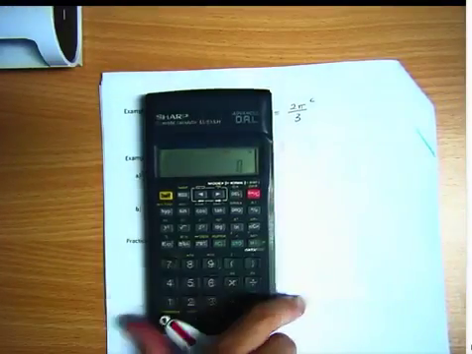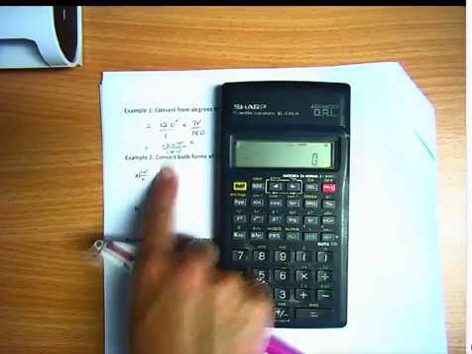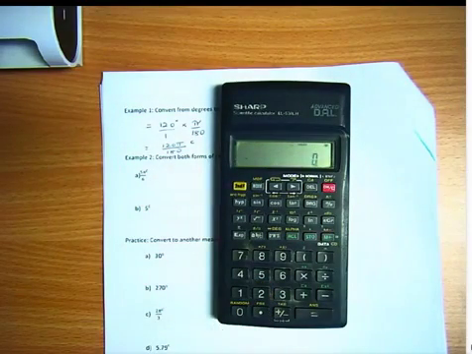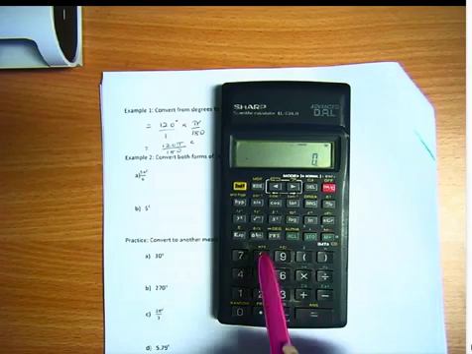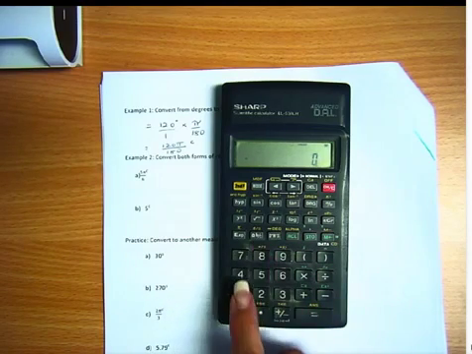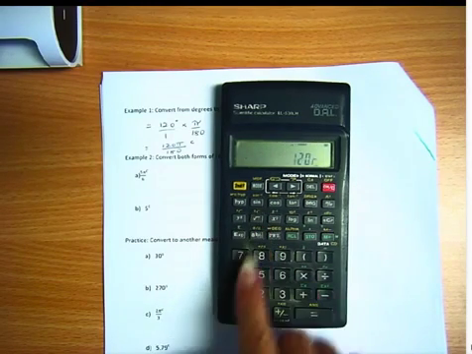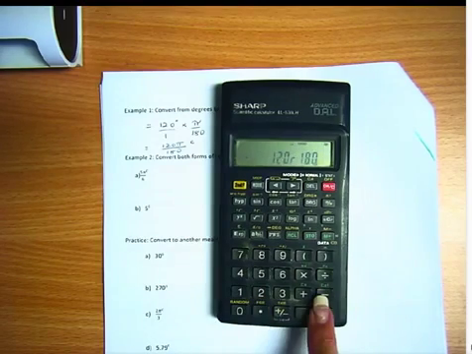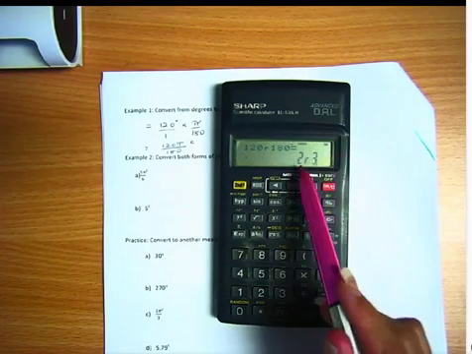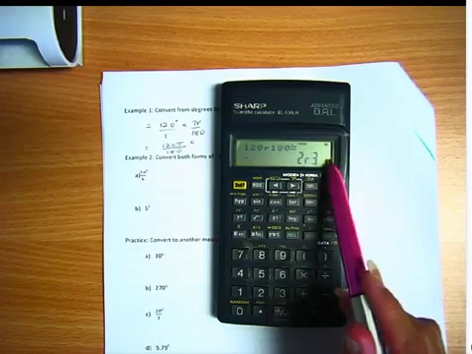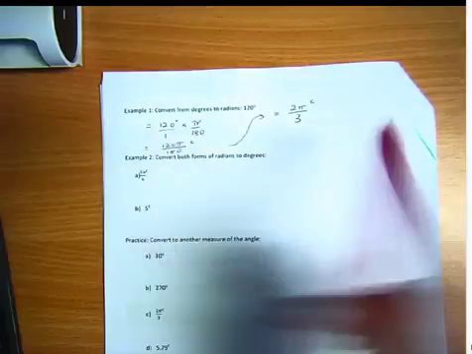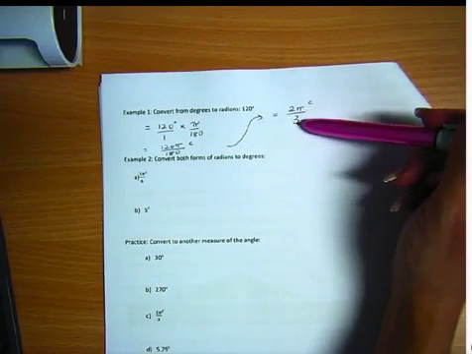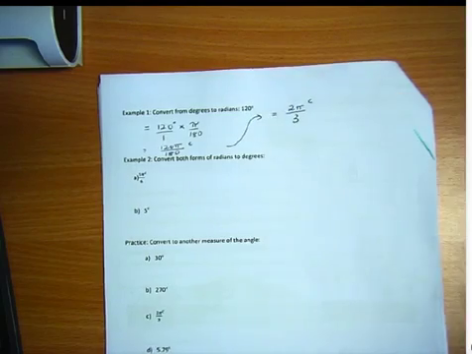Now if you're not good with reducing fractions like this, use the fraction button on your calculator. On this one, it's here. So I would go 120 over 180, and I press equals, and it breaks it down for me, 2 over 3. Okay, so that's where I get my 2 over 3, and of course I can't forget my pi.